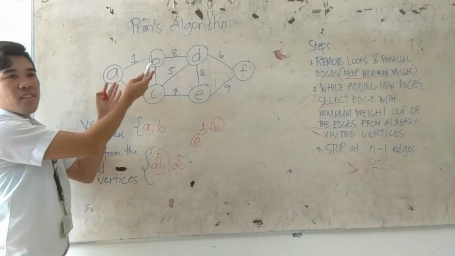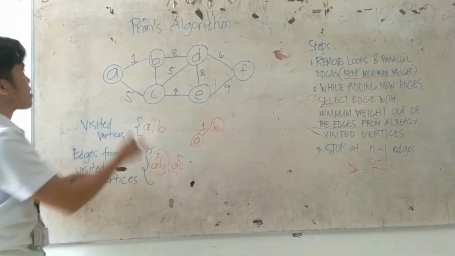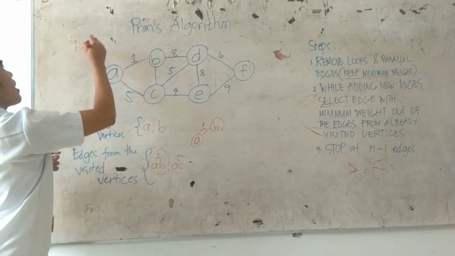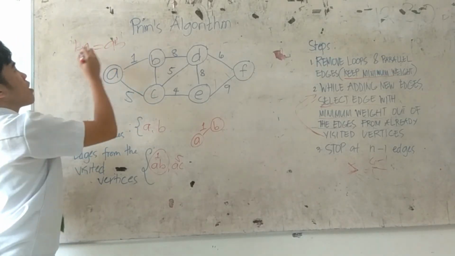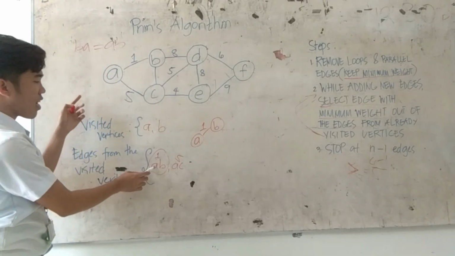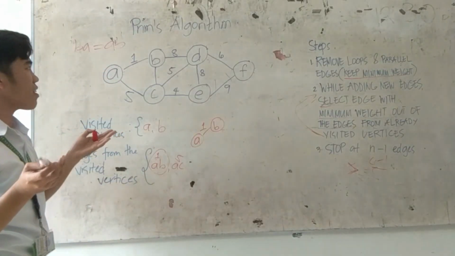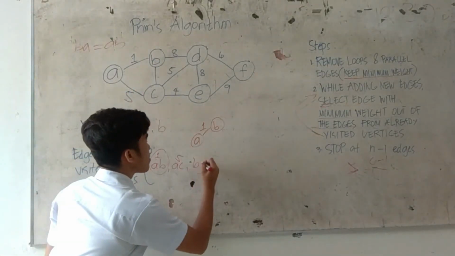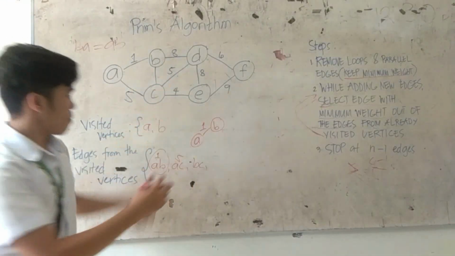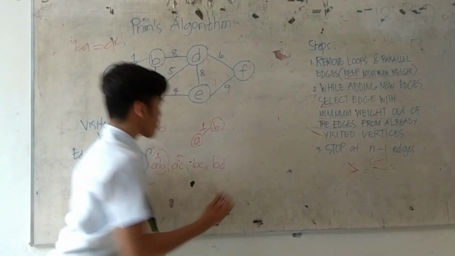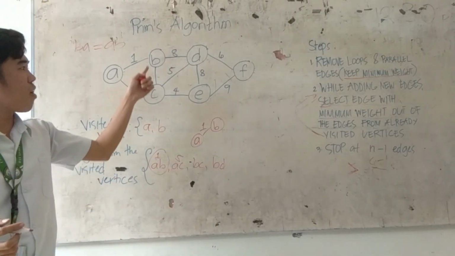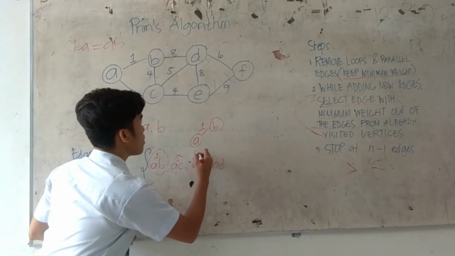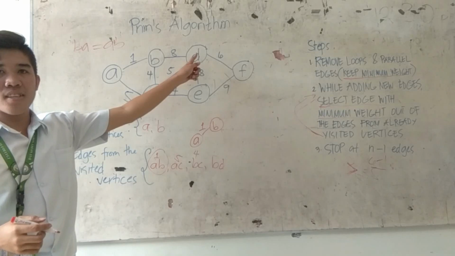We don't need to write BA because this is an undirected graph, which is why BA and AB are equal. Since AB is there, we don't need to write it anymore. So let's write BC and BD. The cost of BC is 4 and BD is 8.